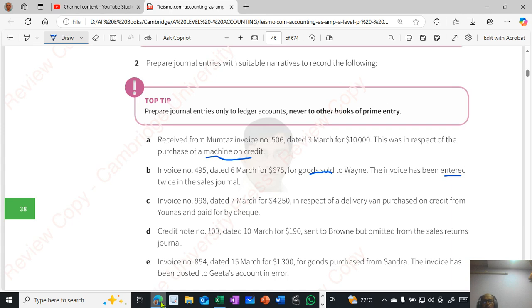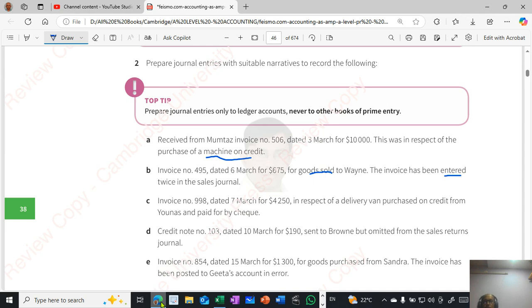Instead of posting to Sandra, the posting has been made to Geeta. It is purchased from Sandra, so you should have credited Sandra. Instead you have credited Geeta.